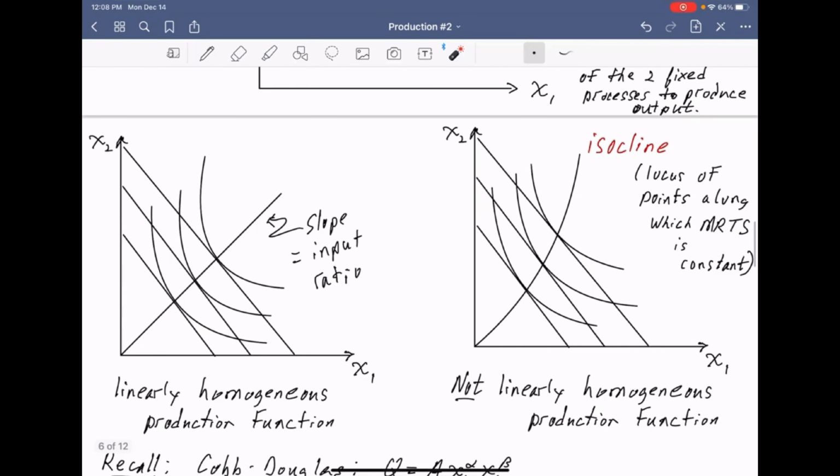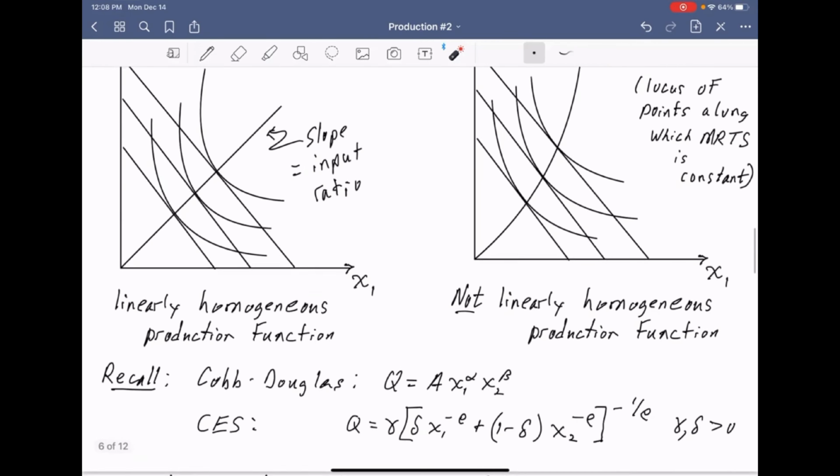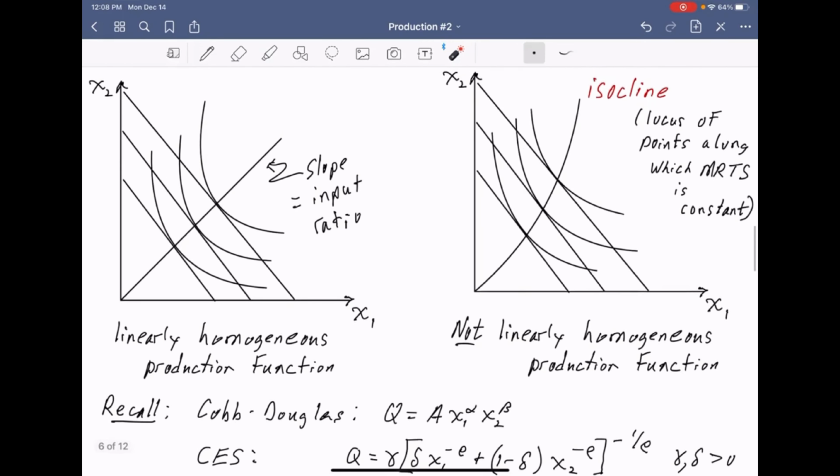Now, we can look at a linear homogeneous production function in this case where we have x1 and x2 plotted on the horizontal and the vertical axes respectively. And we see that the slope of this line, and we'll call that line an isocline, is simply an input ratio that doesn't change along that line whenever we have a linearly homogeneous production function.